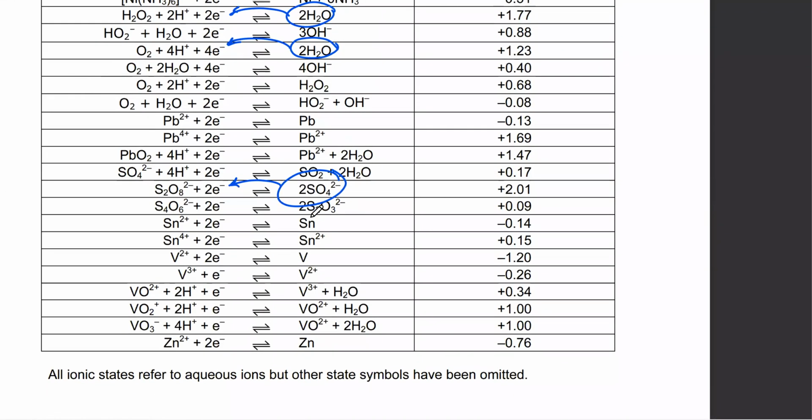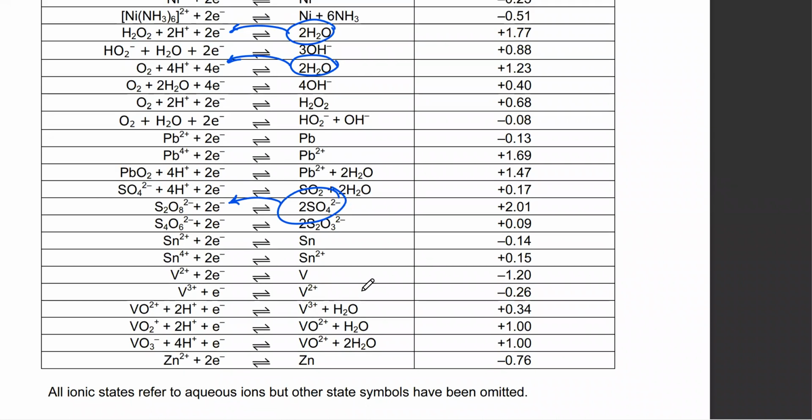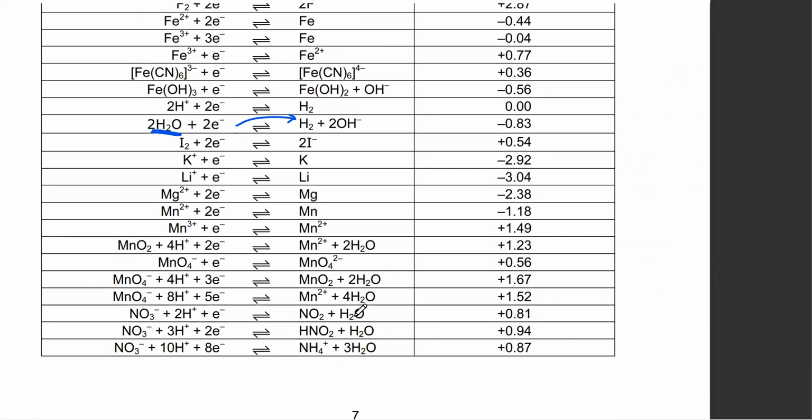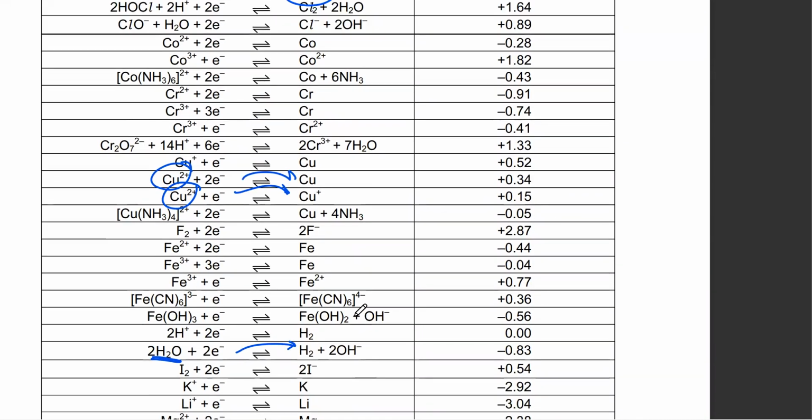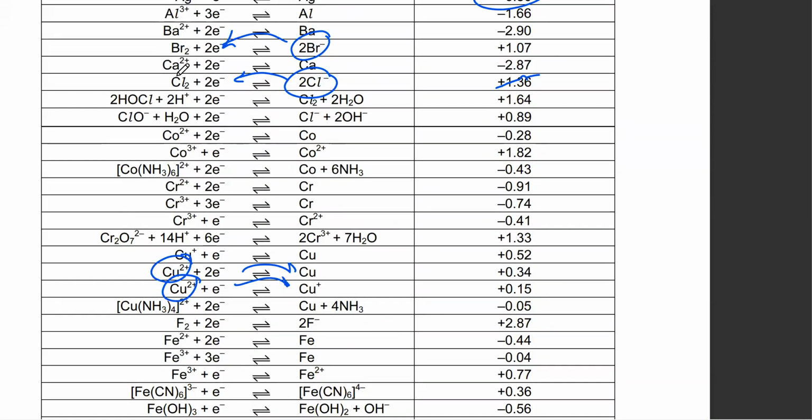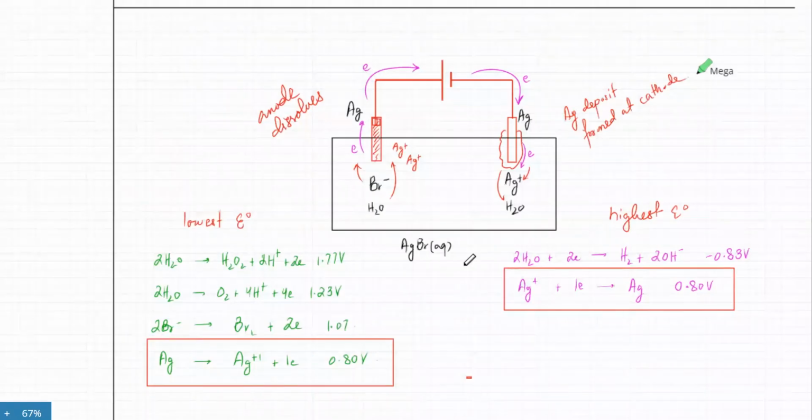Even if you look at P, there's no platinum over here. So platinum is an inert electrode, and the other one is carbon graphite electrode as well, because you wouldn't find equations where carbon is either gaining or losing electrons. Maybe no equation in C. So remember, those two are inert electrodes. For the others, you can find equations.